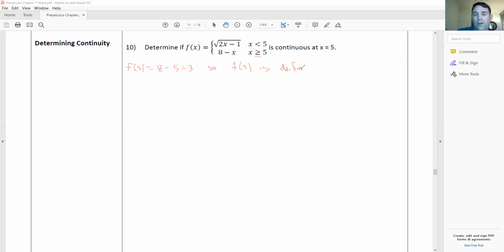Now we've got to figure out, does the limit exist? So we have to do the two one-sided limits to figure that out. We're going to take the negative side, that's the less than side. So we're going to evaluate the radical, 2x minus 1, which would be equal to 3. So it works there.